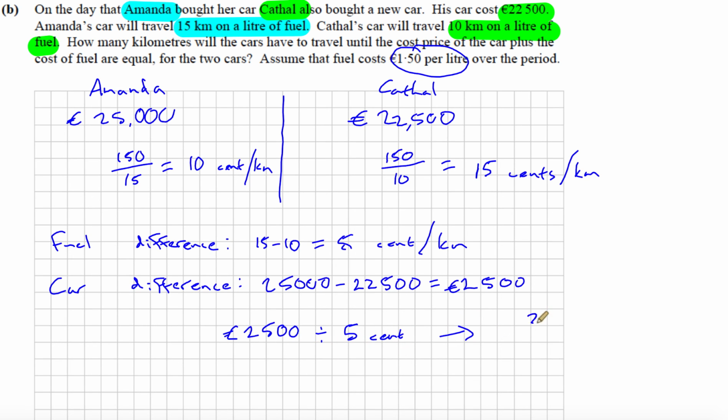So that's 2,500 in euro, so we've got to put 5 cent in euro, so it's going to be 0.05. And that gives us 50,000. If you do it in your calculator, 50,000 kilometres. So that's how many kilometres would need to be travelled for the cars to be equal in value, including the cost of the fuel. And that's the end of question 9.